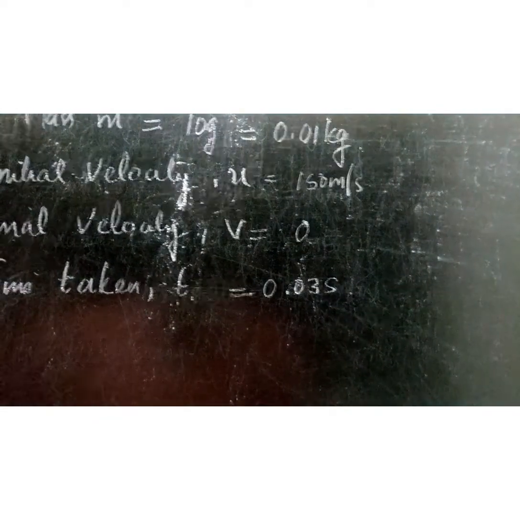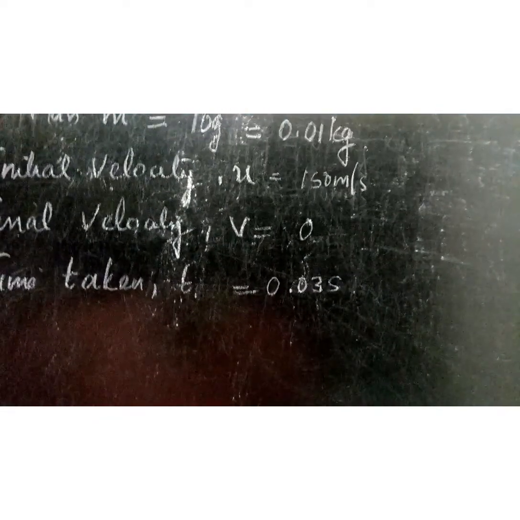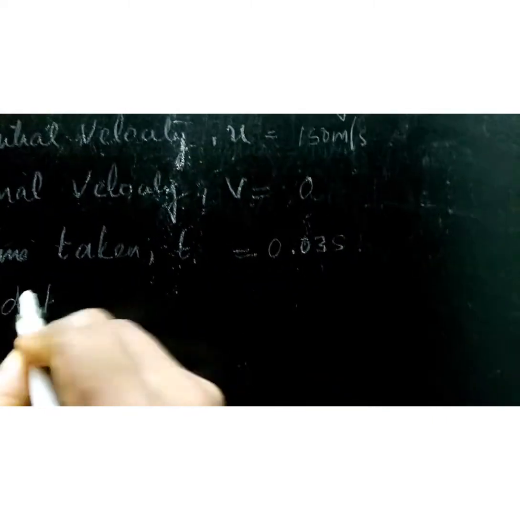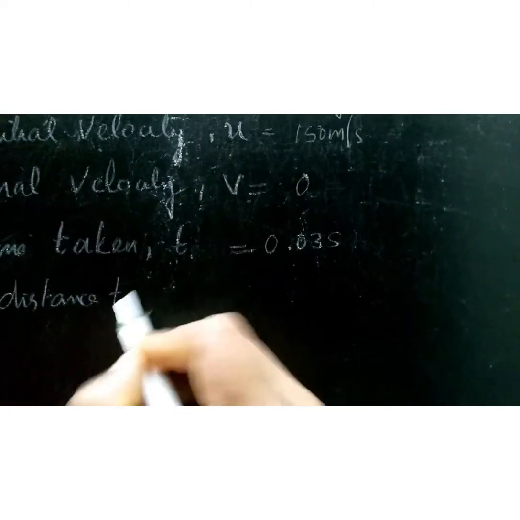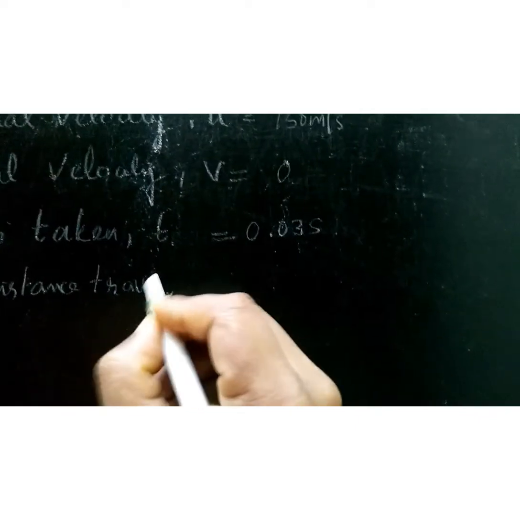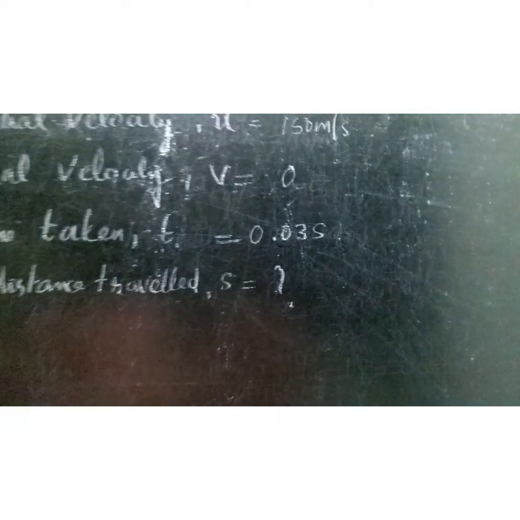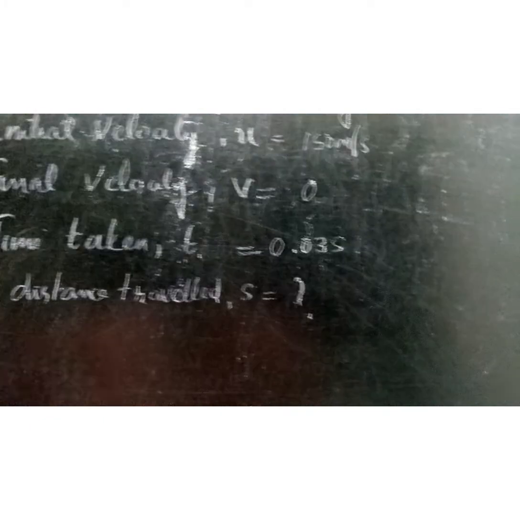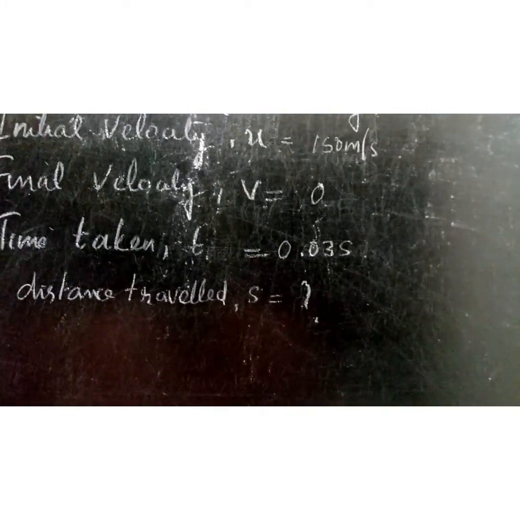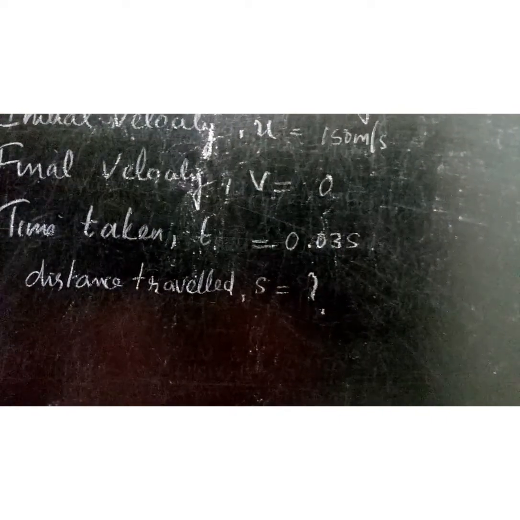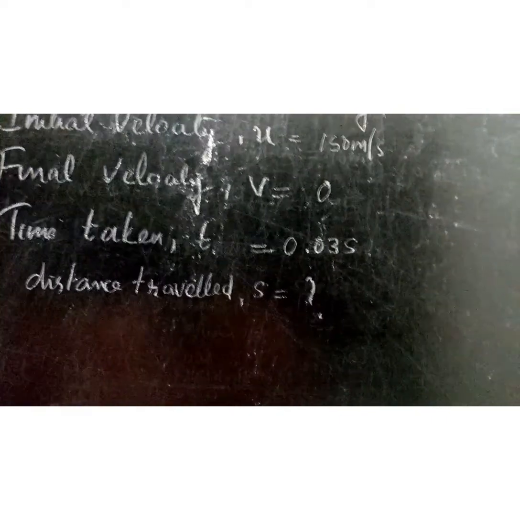So what we have to find out? Calculate the distance of penetration of bullet into the block. So we have to find distance travelled. Distance travelled is equal to question mark, that we have to find out. Also calculate magnitude of force exerted by the wooden block on the bullet.